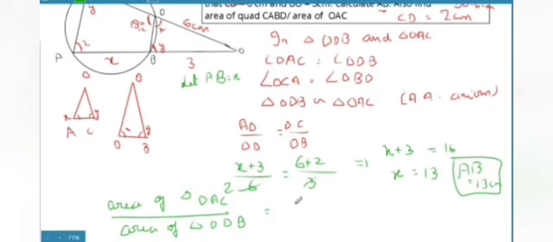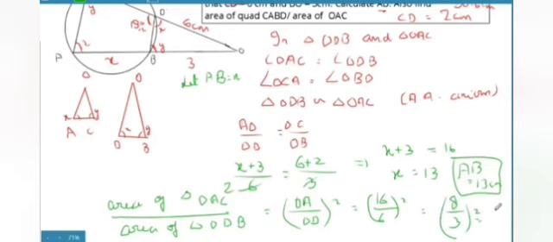This can be written as OA upon OD whole square. So OA, we know that OA is 16 and OD is 6, whole square. So cancelling out 2, I will get 8 upon 3 whole square, which is 64 upon 9.